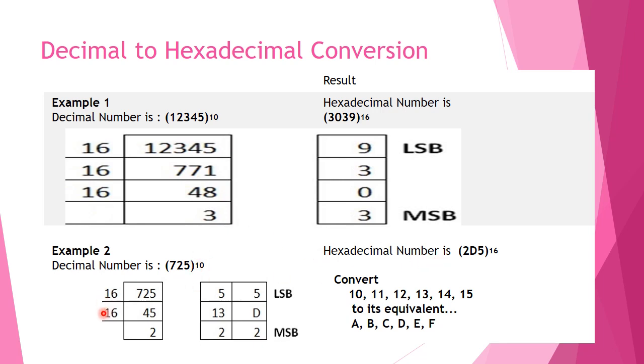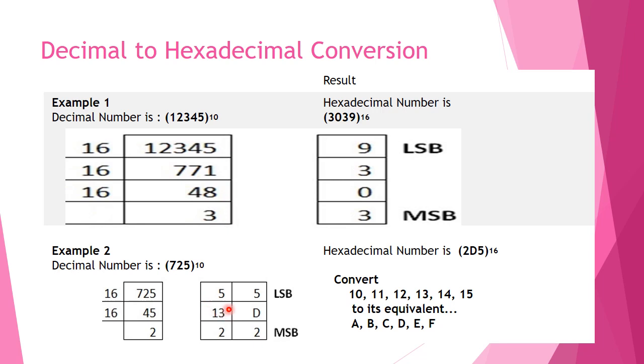So you will divide by 16 and note down the remainder over here. First when I divided by 16, I got the remainder 5, and then again I got the remainder, 16 2 is 32, so I got the remainder 13, and at last 2 is the remainder. So now here I got a number more than 9.